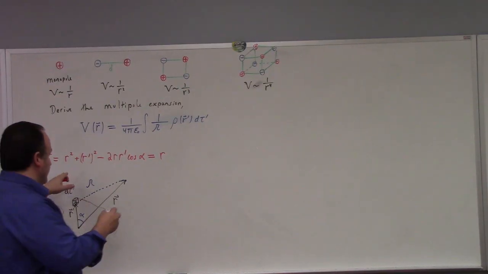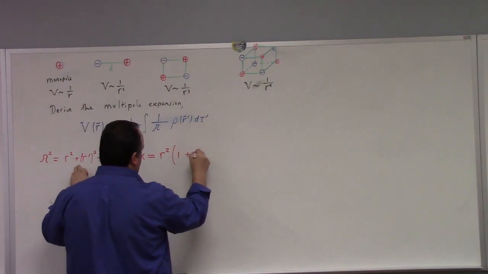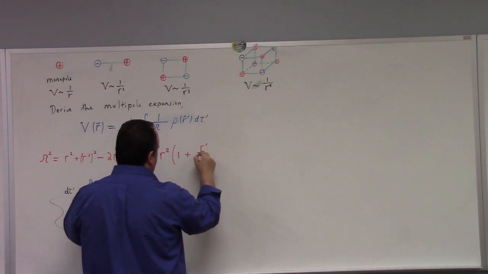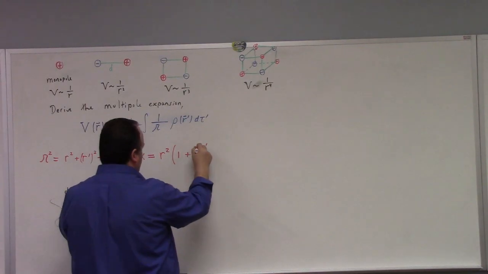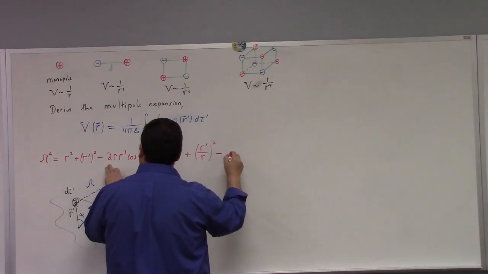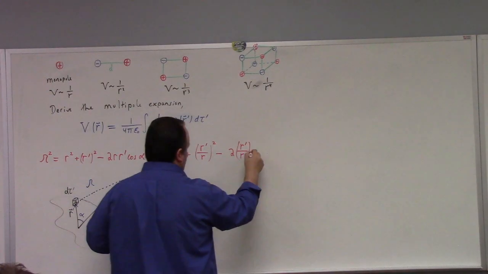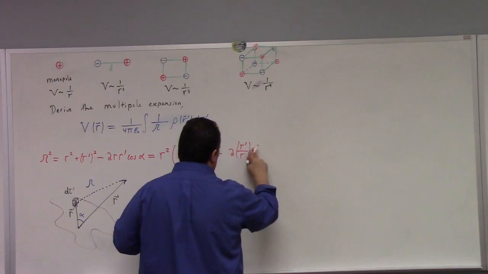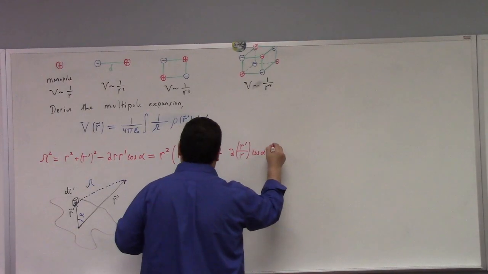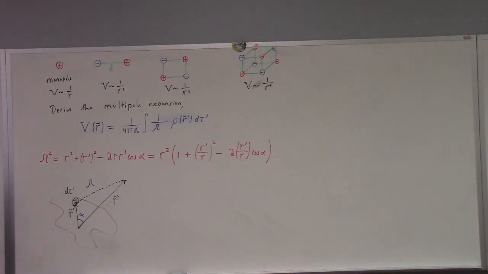If we factor an r squared out of this, we've got 1 plus r prime over r, quantity squared, and then minus 2 r prime over r cosine alpha, right? Everybody agree? I hope.